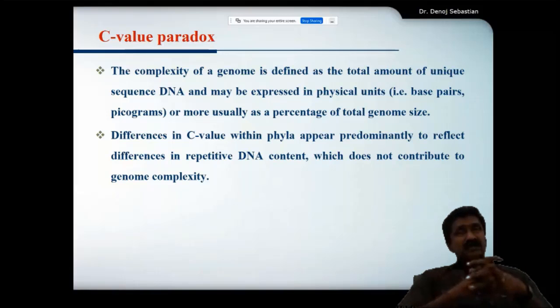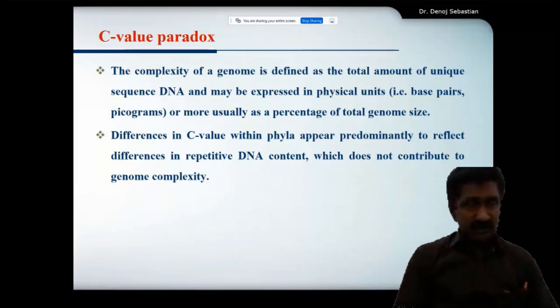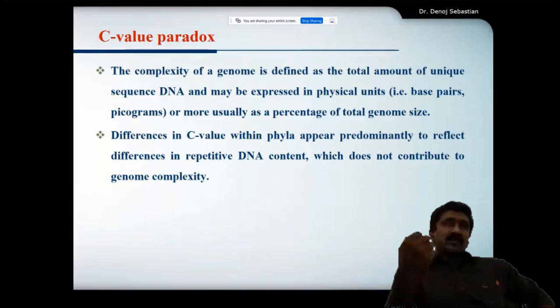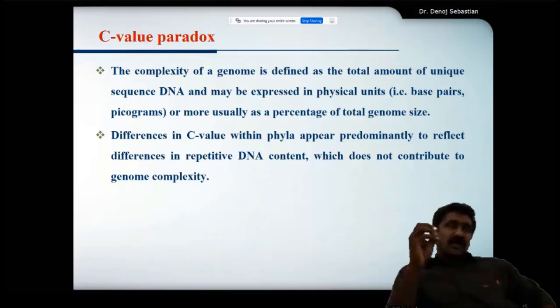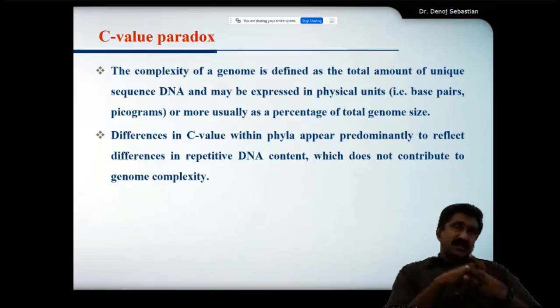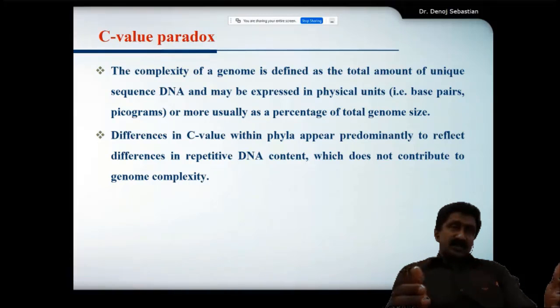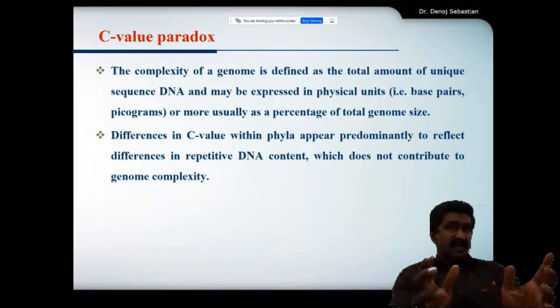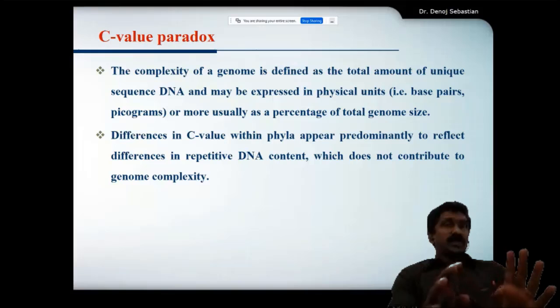Using various units, we can quantify the overall genome size or C-value. The difference in C-value within phyla appears predominantly to reflect differences in the repetitive DNA content, which does not contribute to the genome complexity.